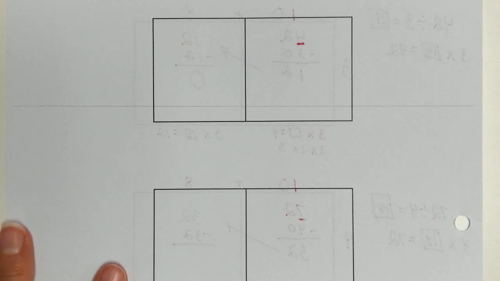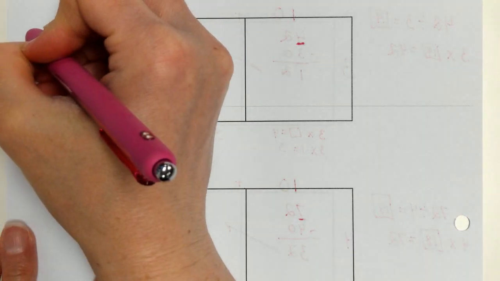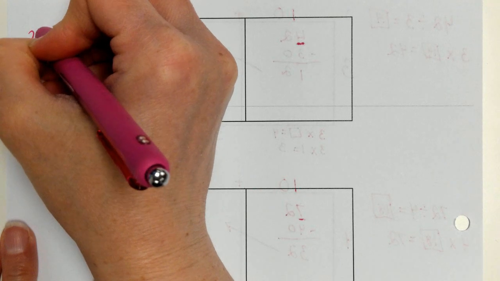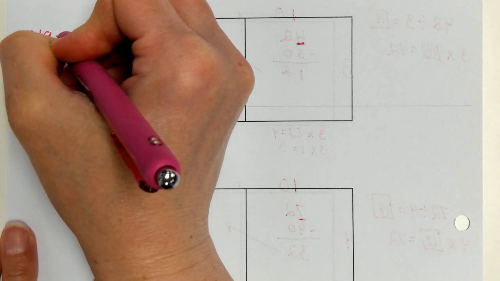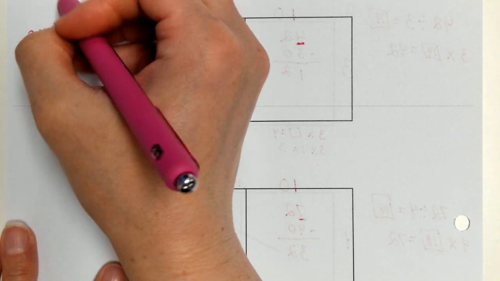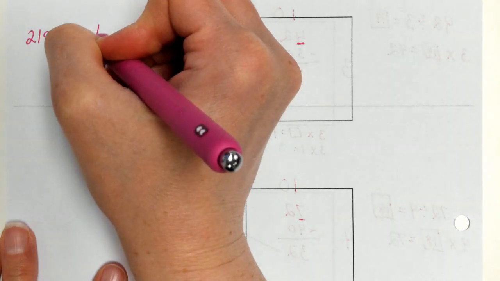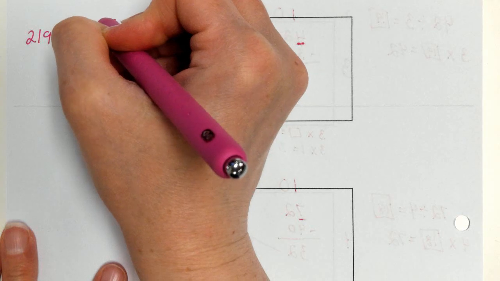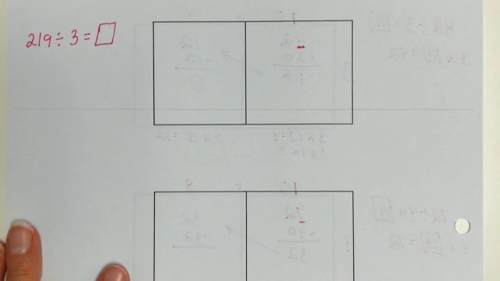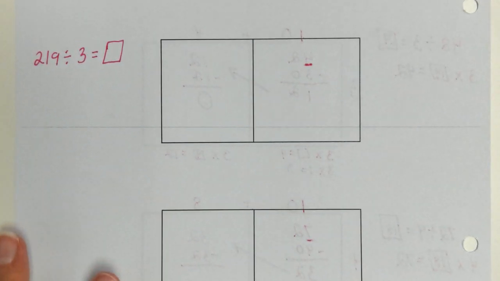Let's see. 219 divided by 3. Just 1 second. I'm going to let everybody get a chance to write down the problem.